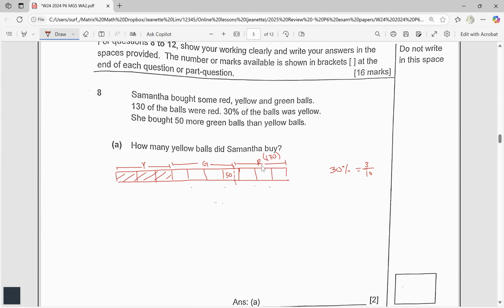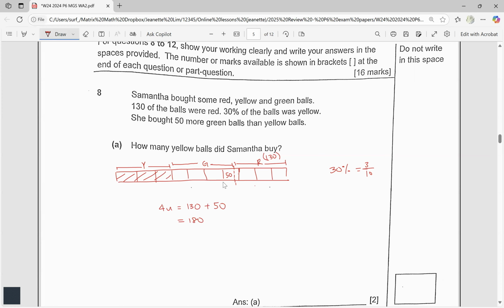Now if I look at the numbers in this model, I can actually find 4 units by taking 130 plus 50. Then I get 180.